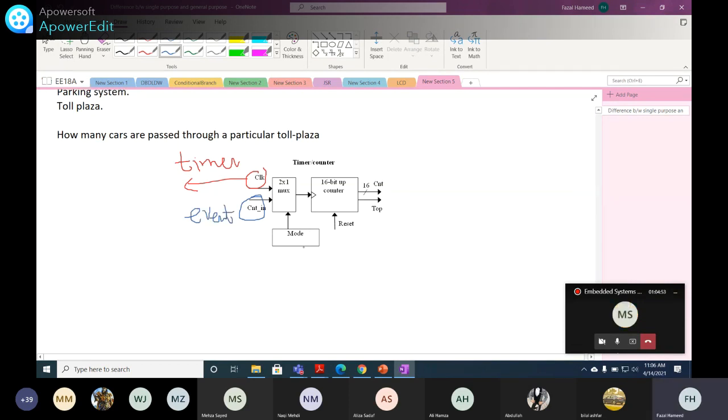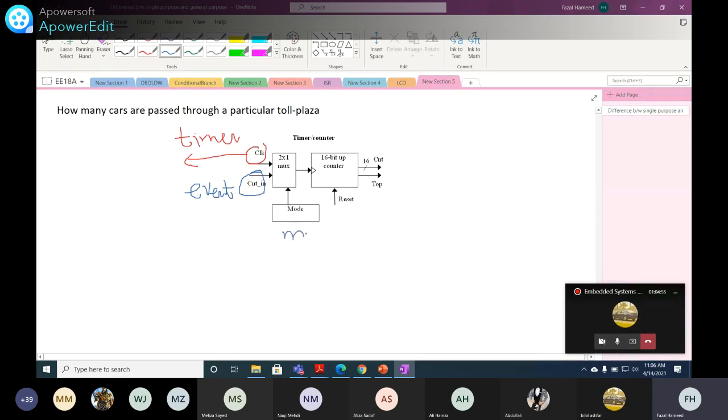And the mode is determined by the select line. Because you are using a 2-into-1 multiplexer, the select lines can have a 0 value or a 1 value.